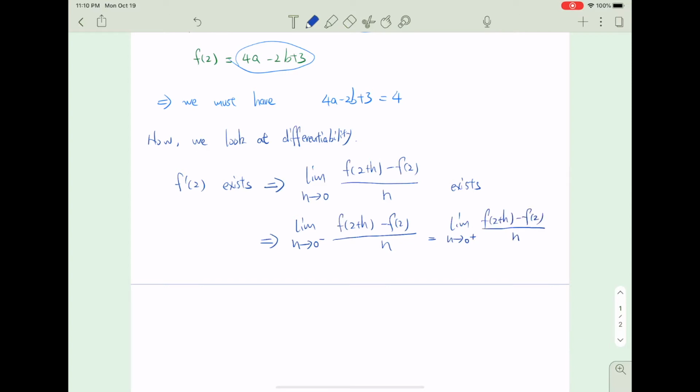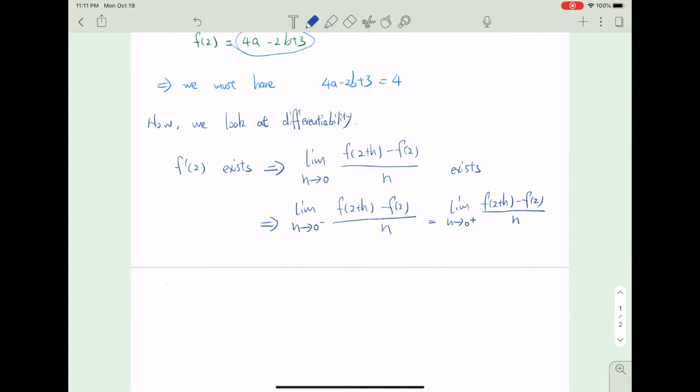Now let's substitute to work this out. We have our left limit. Notice that h here is approaching 0 minus, so h is a negative number. Once h is negative, 2 plus h is less than 2. What does that mean?